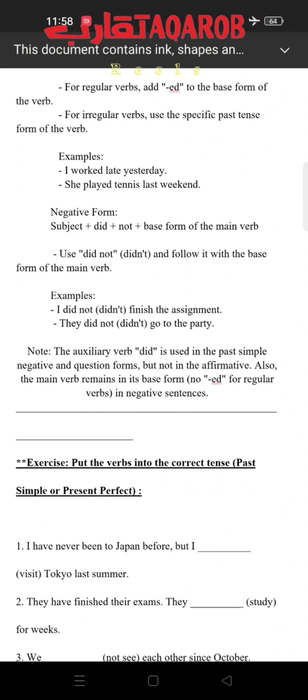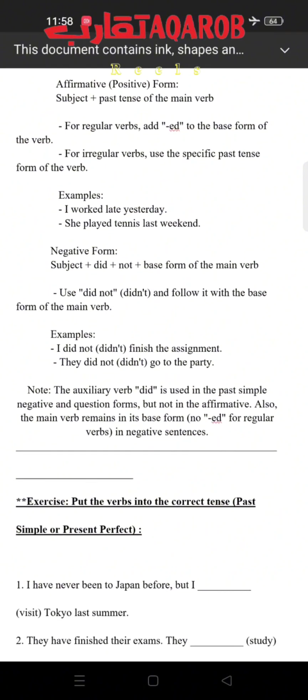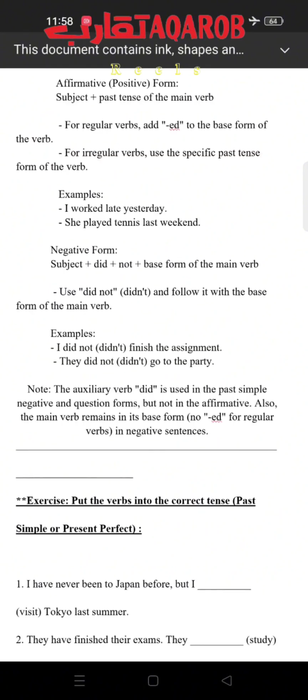So with regular verbs, we only add ed. For example, study, studied. Walk, walked. Watch, watched. With irregular verbs, we change the whole verb. For example, speak, spoke, spoken.